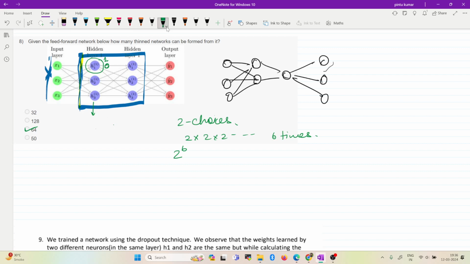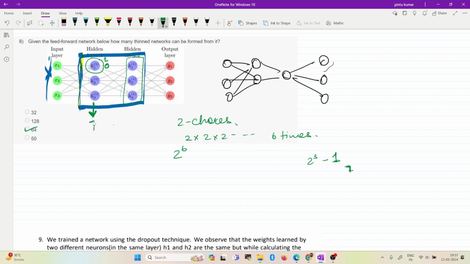I think that's a good question. We can try to look at it. Let's say in layer 1, all the nodes are removed. Then how many choices can we have over here? We have counted those combinations also. So here we can have 2 to the power 3 minus 1, which is 7.